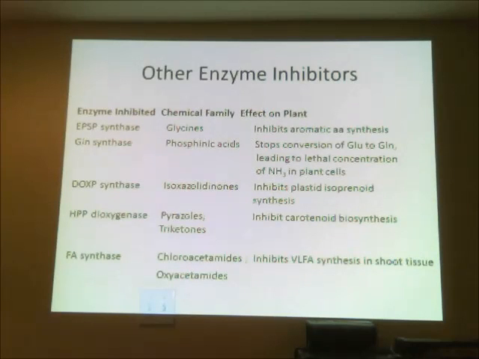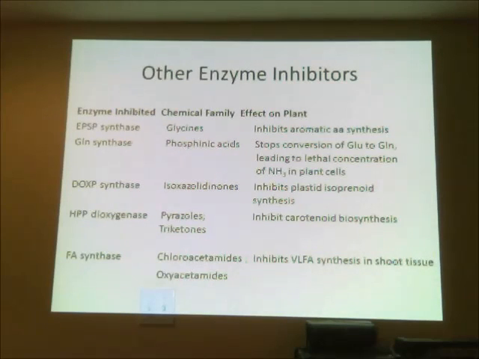The glutamine synthase inhibitors, a category of compounds called phosphinic acids, and these are actually also glycine derivatives. They stop conversion of glutamic acid to glutamine, and I mentioned this before. This leads to a lethal concentration of ammonia developing in the plant cells.